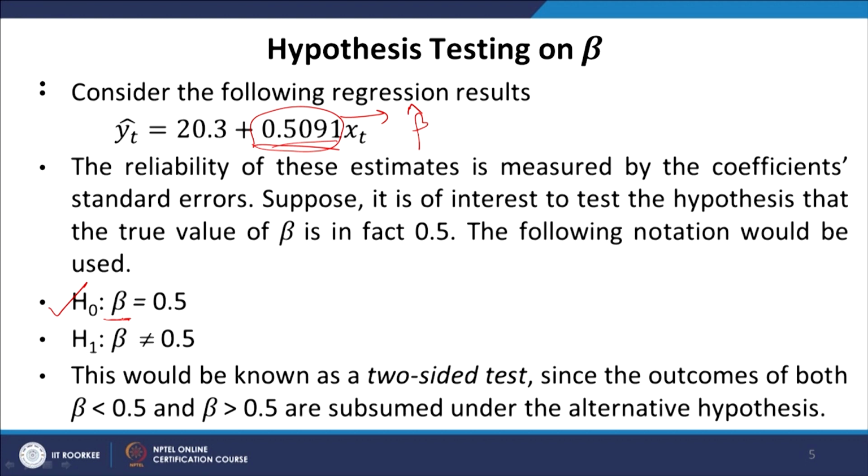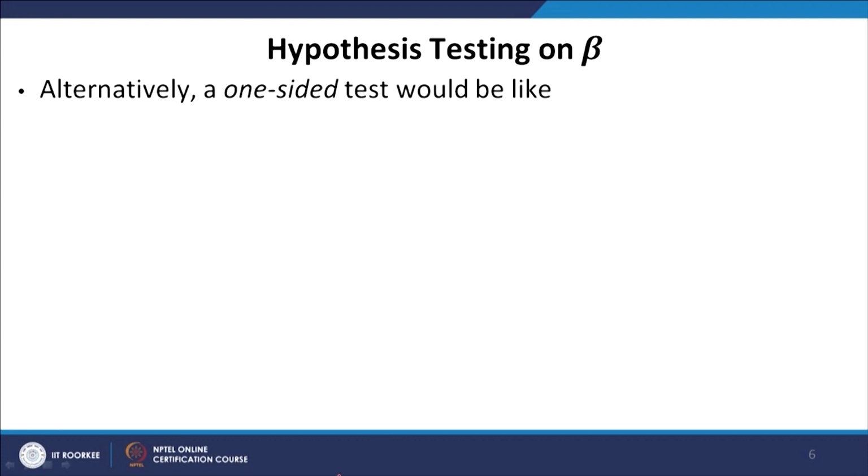This would be known as a two-sided test, since the outcomes of both beta less than 0.5 and beta greater than 0.5 are subsumed under the alternative hypothesis. So, not equal to 0.5 simply implies that it could be greater than 0.5 or less than 0.5; both possibilities are kept, and that is why it is called a two-sided test.